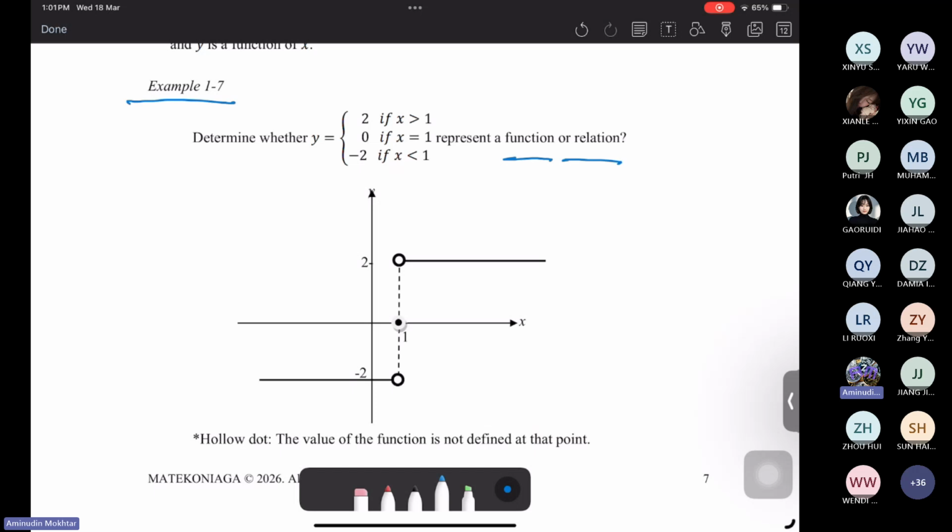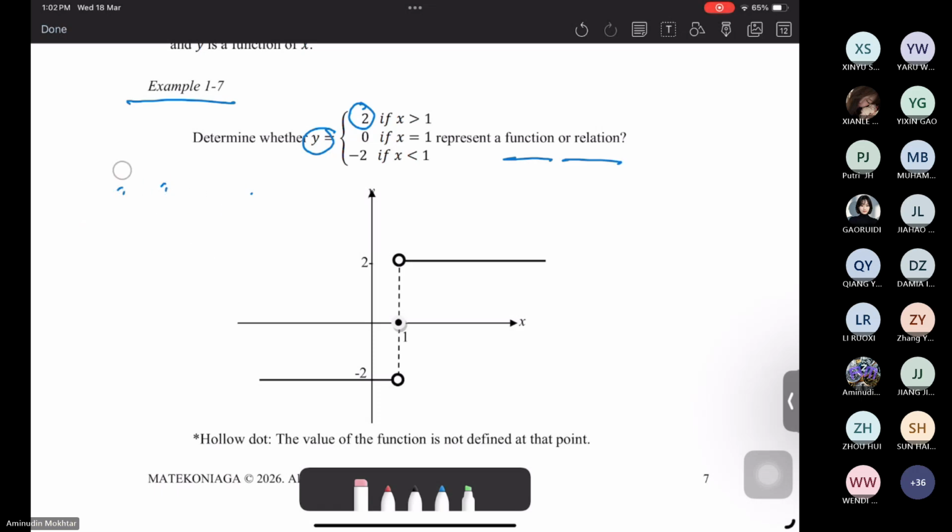Okay. How to read this equation? The first one, we read the first line. They say determine whether y equals 2 if x is greater than 1.